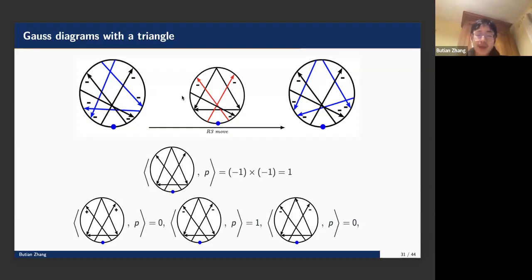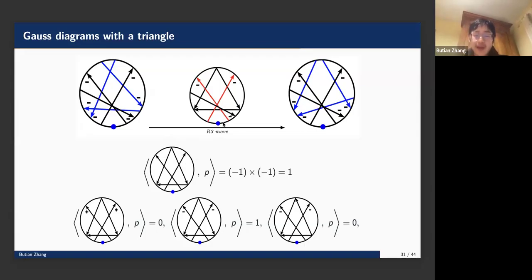For example, when we are doing our R3 move from left to right, at the moment we get a Gauss diagram like this. For this configuration, we can see that it appears exactly once in this R3 move as a subdiagram. It means only one subdiagram of this R3 move looks like this.